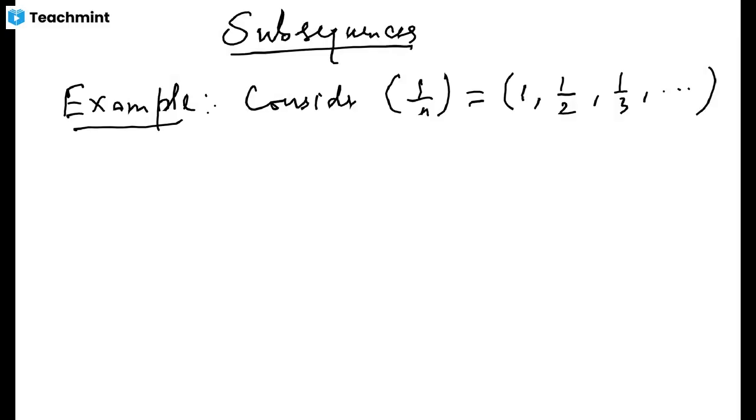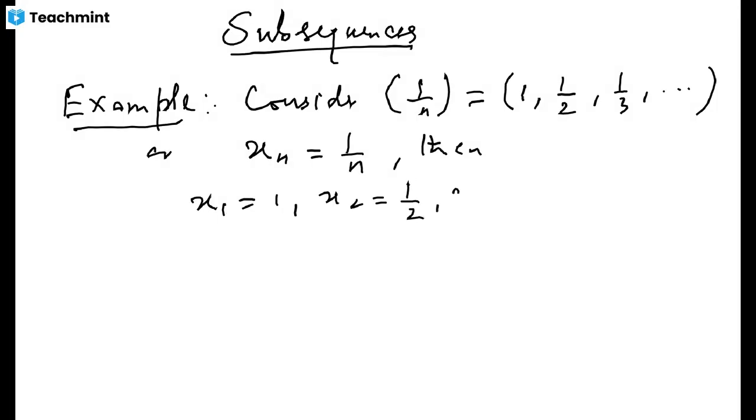Or I can write, let xn equal 1 by n, then x1 equals 1, x2 is 1 by 2, x3 is 1 by 3, x4 is 1 by 4, and so on.